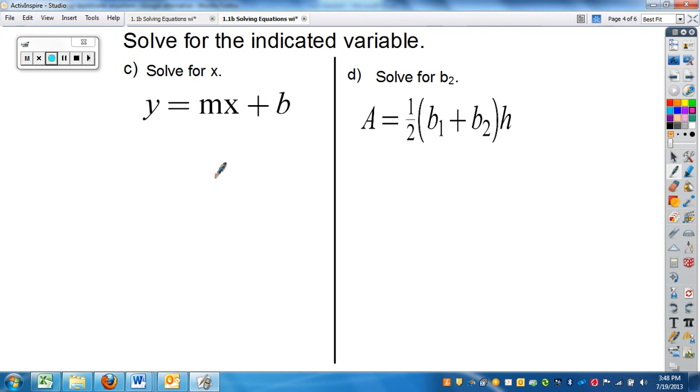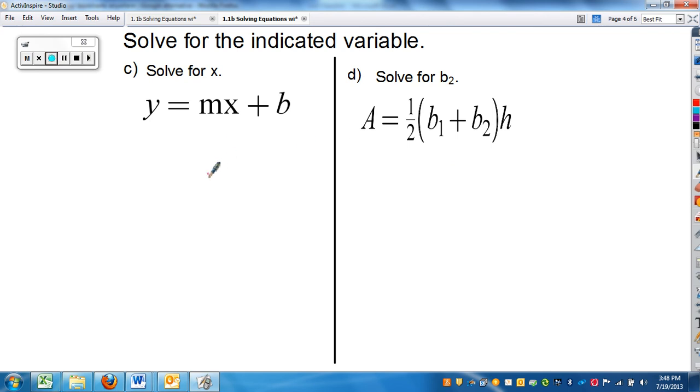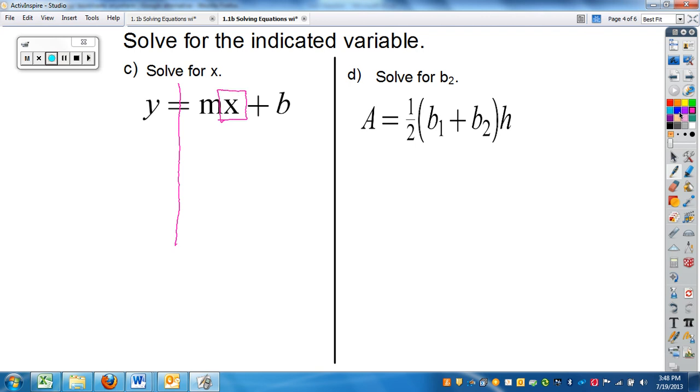So on C I added not just one variable, now we have 2 on the side that I have to move everything. So I'm going to draw my line for my two sides. It says I am solving for x, so let me draw a box around x to show that that one needs to stay and the m and the b need to be kicked out. Now, this is the point where students tend to struggle thinking of who needs to move first.